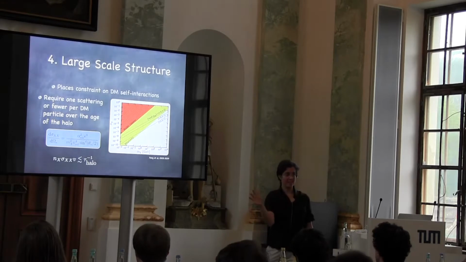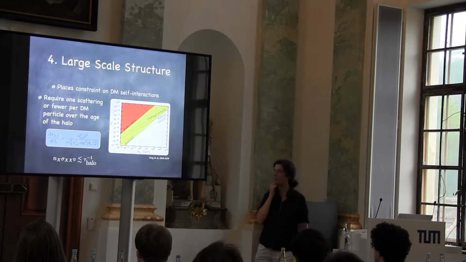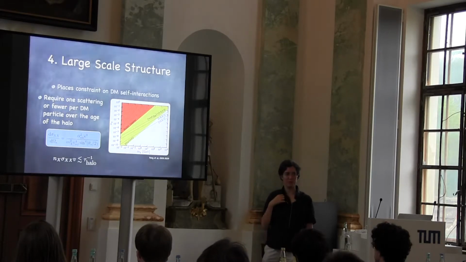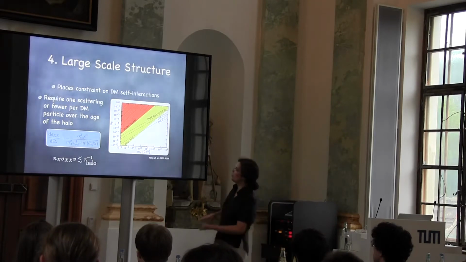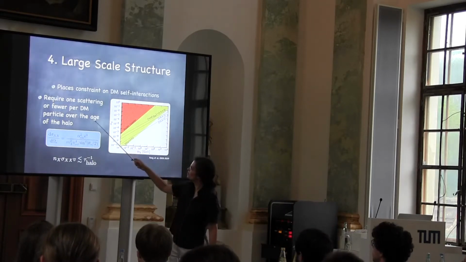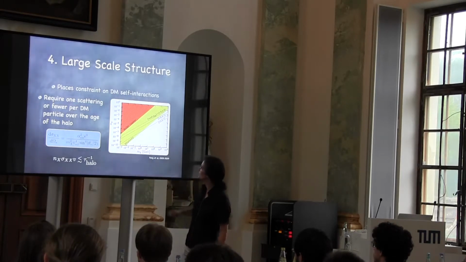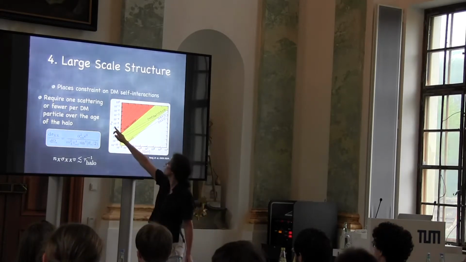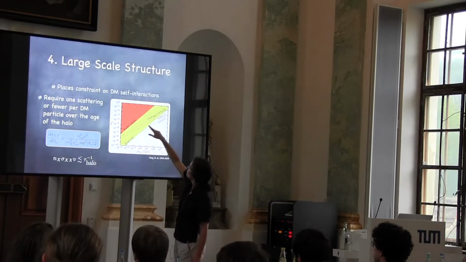So you see this number floating around by a couple of orders of magnitude. Nevertheless, even if you just take that slop and say I'm going to put a constraint of a centimeter squared per gram, which is about 10 to the minus 24 centimeters squared per GeV, and take that as a benchmark because it's better than no constraint at all. Then you ask the question, okay, dark matter is scattering through a light force against itself. What is the constraint on the self-coupling? That's what's been derived here.